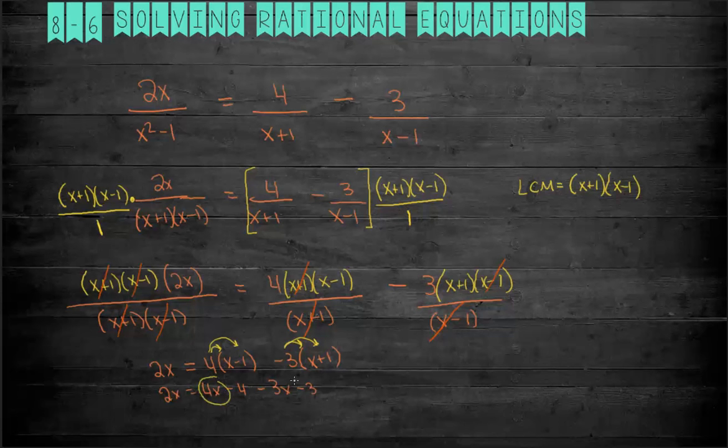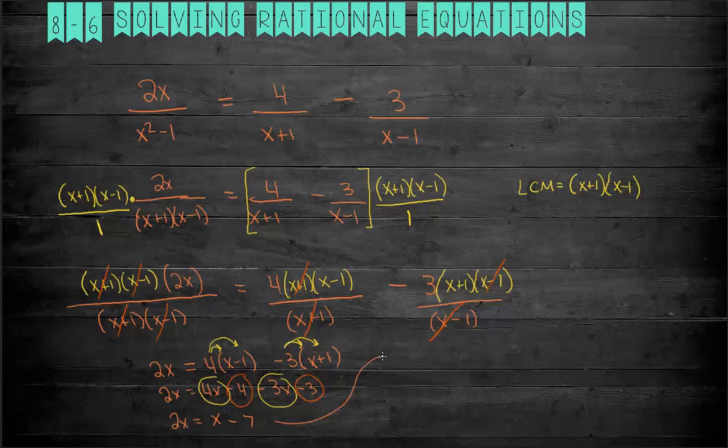My 4x will combine with the negative 3x, and my minus 4 will combine with my minus 3. So I get 2x is equal to 4x minus 3x, which is just x, and negative 4 minus 3, they're both negative, that will give us a negative 7.